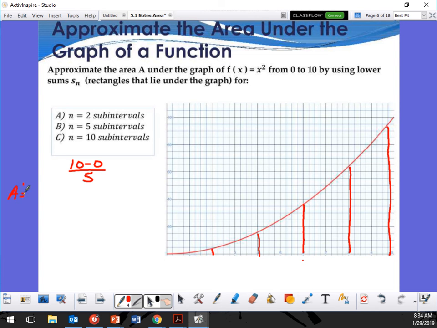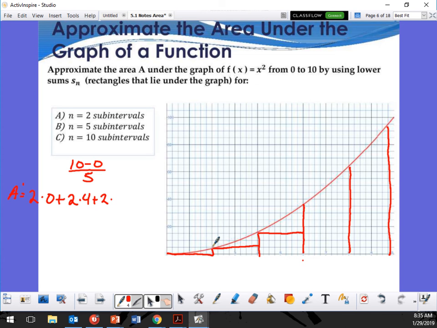So area is going to be equal to my width, which is what? 2 times the height of my first left-hand rectangle, 0. Plus, what's my width? 2 times, okay, because I'm plugging in the 2 value, right? 4. Plus 2 times, now what am I plugging in this next time? 4. What's this going to be? Let's take a look.